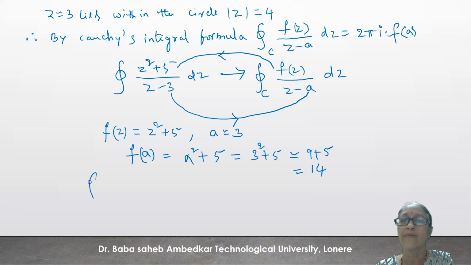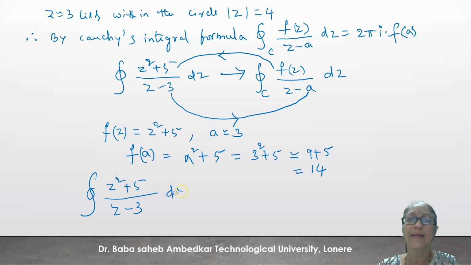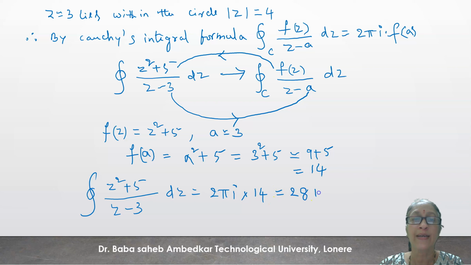Then the value of this integral z square plus 5 by z minus 3 dz equal to 2 pi i into 14, because here f(a) is 14. So we get 2 pi i into 14, which is equal to 28 pi i. This is the solution of this question.